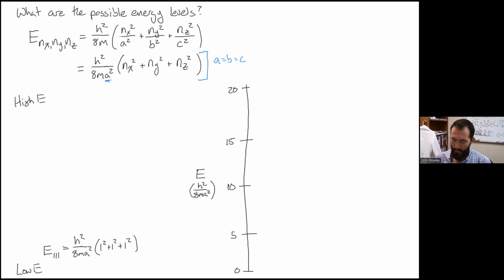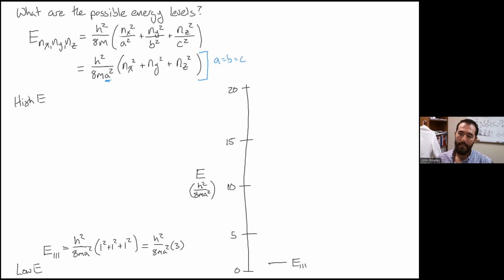That gives us h squared over 8m a squared times 3. If we put that E111 level on our energy scale, it would be about there. That's the lowest energy level.